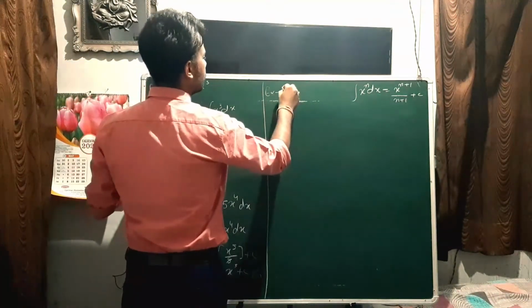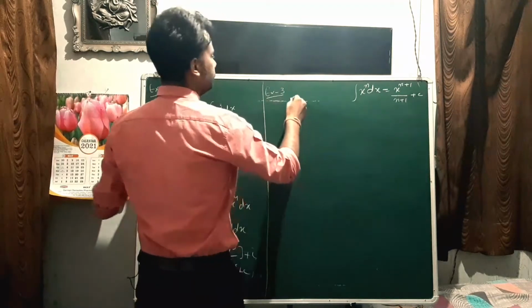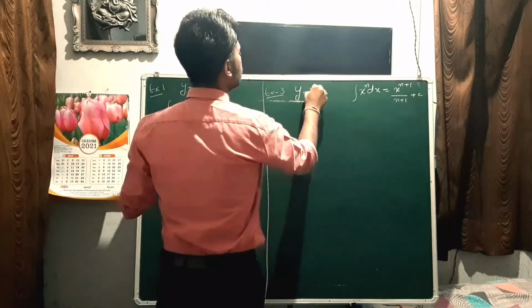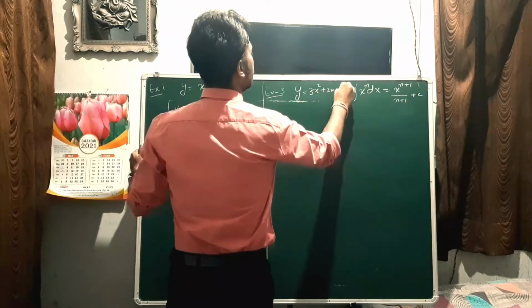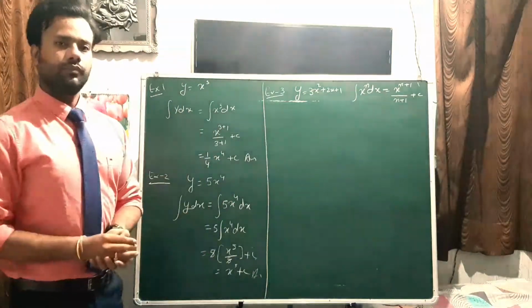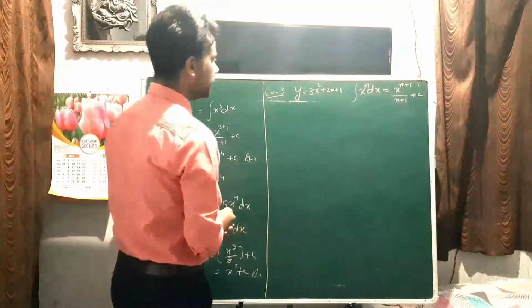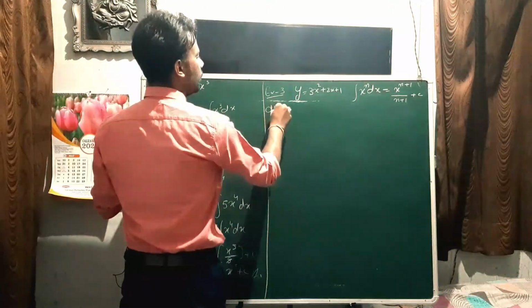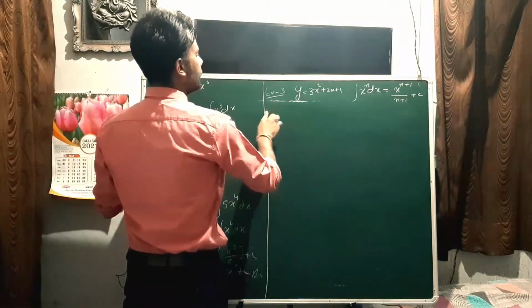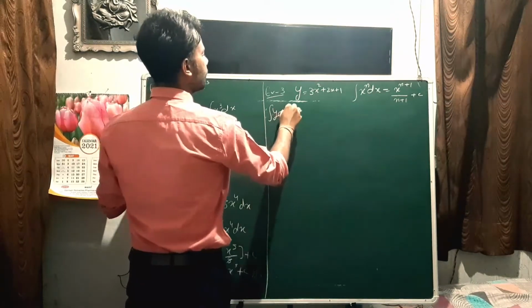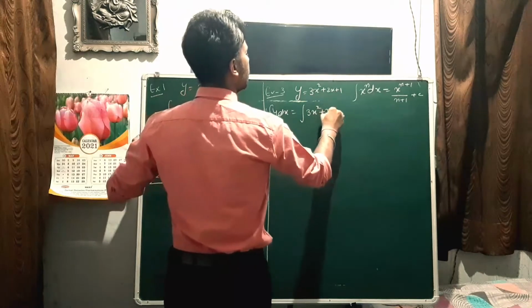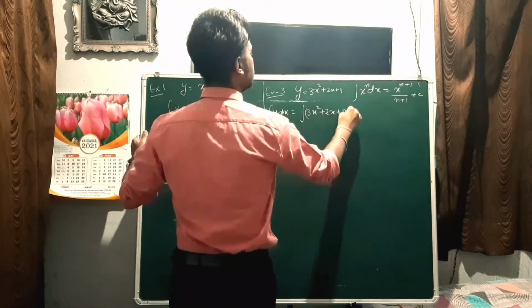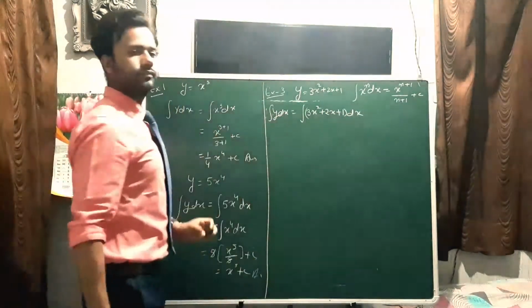Example number, let's say 3. y equals 3x square plus 2x plus 1. Right? Let's do this. So we have to find the value of integration of y dx. So integration of 3x square plus 2x plus 1 dx.